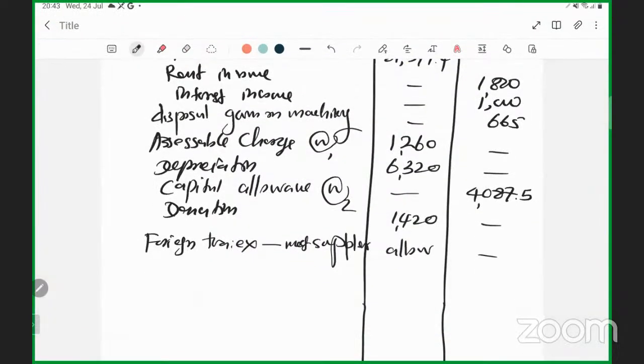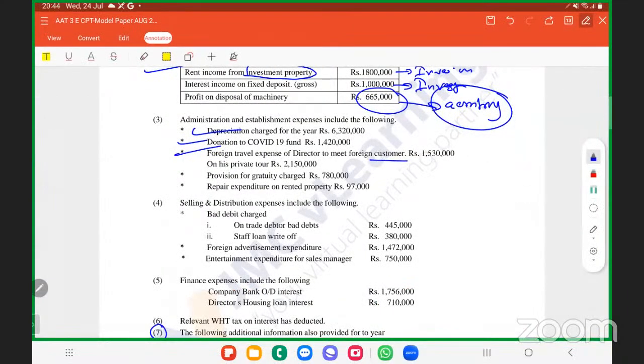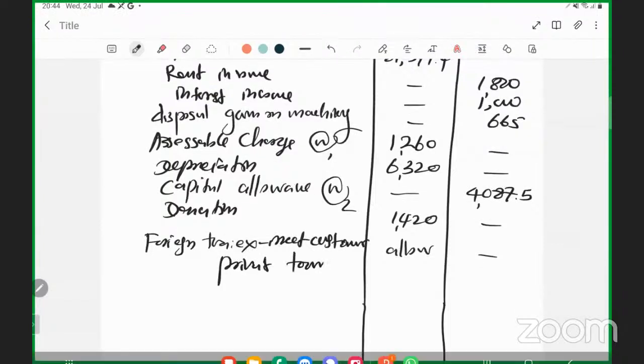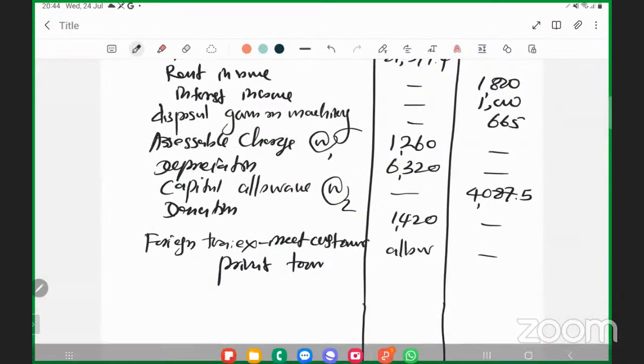Meet customers, you know that is a business purpose. Regarding foreign expenses, if incurred to generate the business income or in relation to the business, you can allow. But there is a personal traveling allowance by the directors, the private tour. The private tour is not allowed. Therefore, that cost you have to add back, already deducted when calculating this profit.